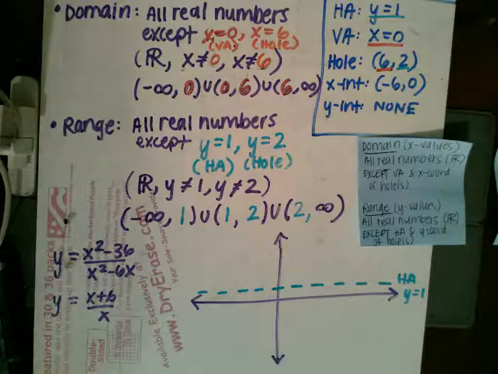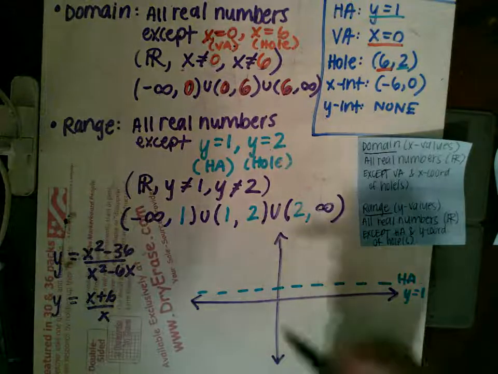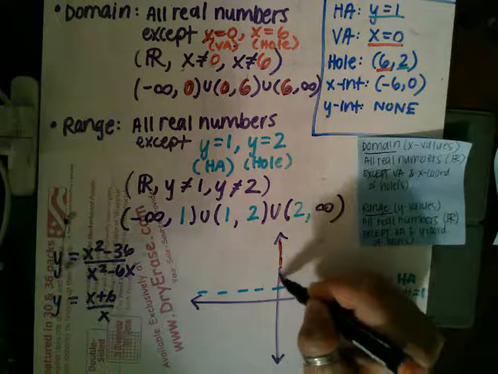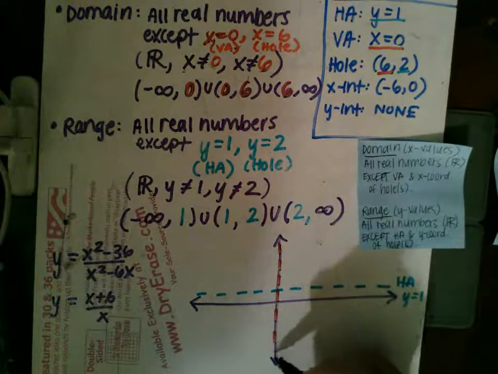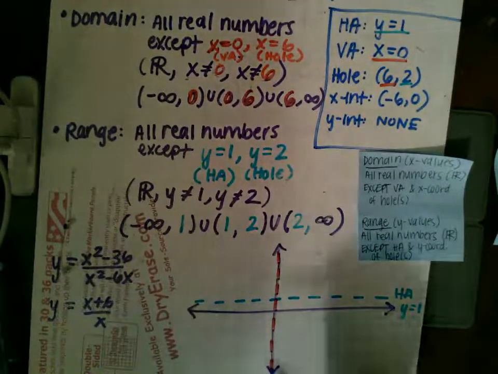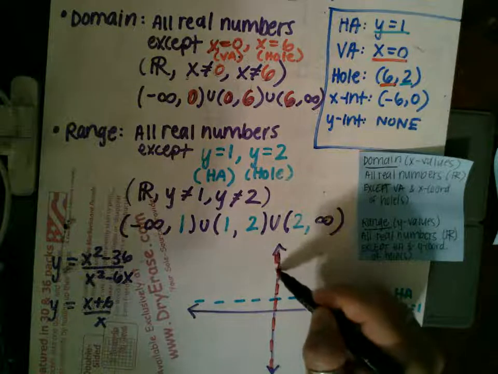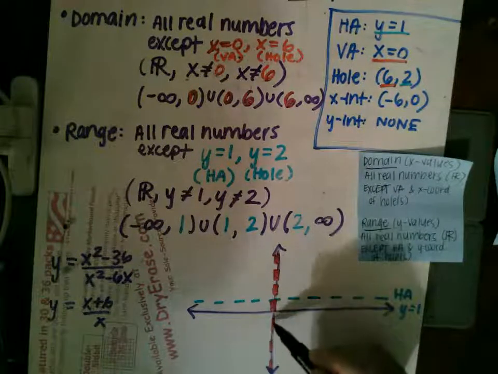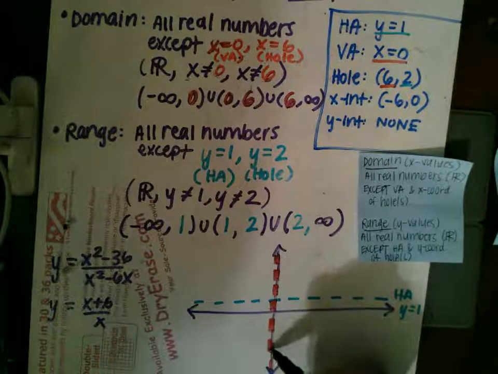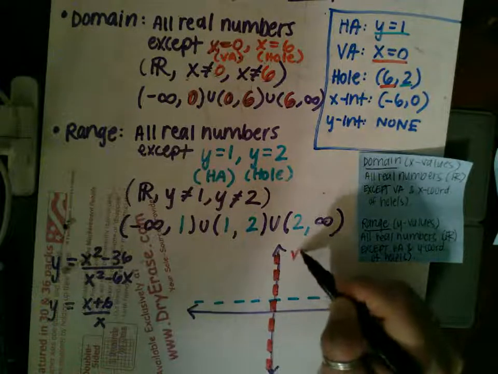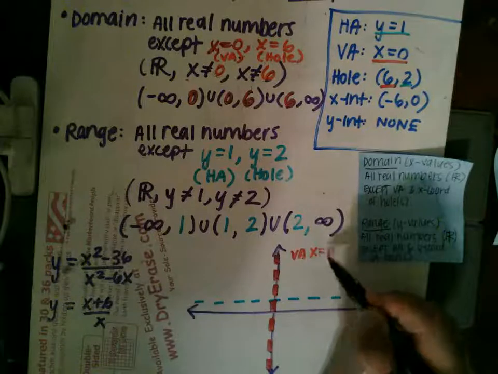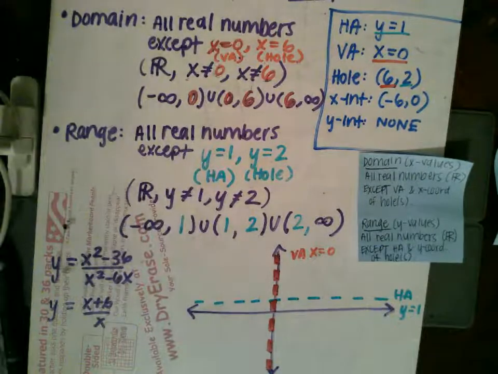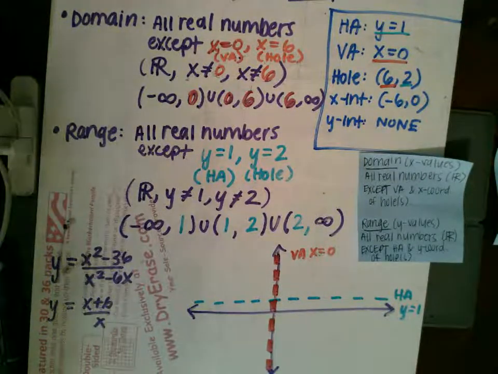Then we also had a vertical asymptote at x equals 0. So here's a vertical asymptote. Right on top, you can't really see it here, but I'll kind of bold it out. Here we have a vertical asymptote at x equals 0. And we have a hole at 6, 2.